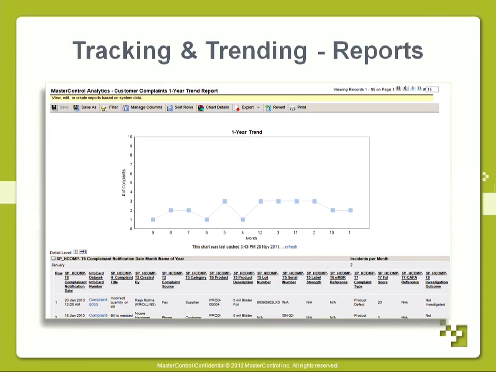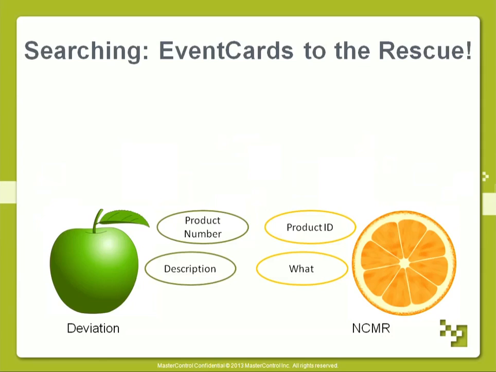So reporting. Event cards, anybody familiar with that term? Vishal is, Hall is. One of the difficulties when you're reporting, and also when you're searching, is that as you're looking at one issue, you want to see all your quality events, not just the complaints and just the deviations. But your deviations have a different set of fields than your NCMRs, than your complaints, and so on.